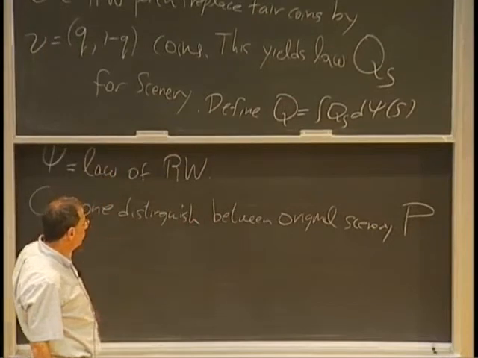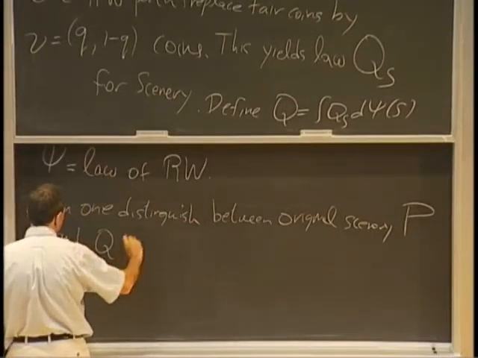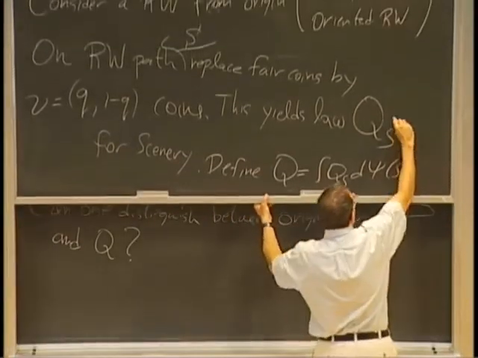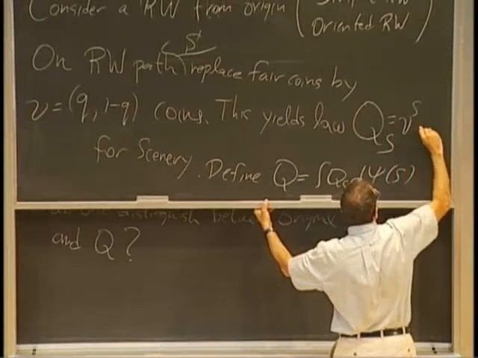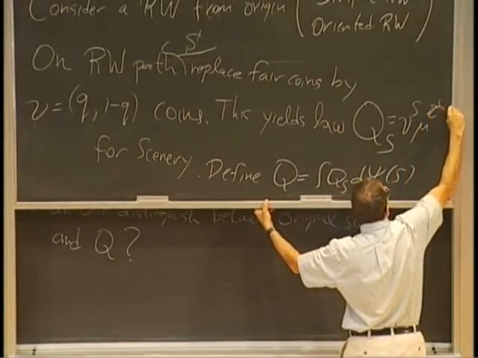So original scenery P and Q. Formally, Q_S you can think of as nu to the S, mu to the Z^d minus S.